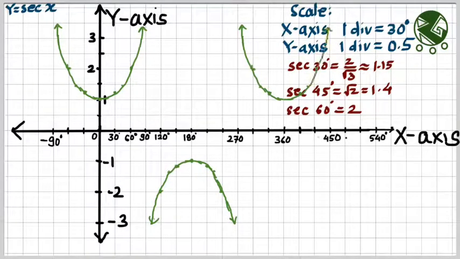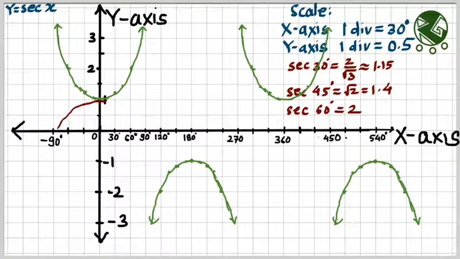So this is the graph of sec x. Now this understanding is very, very crucial: the graph of cos was like this, right?